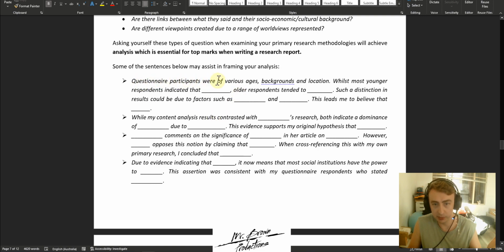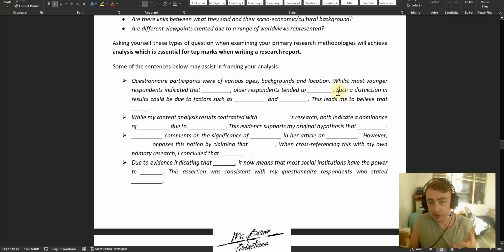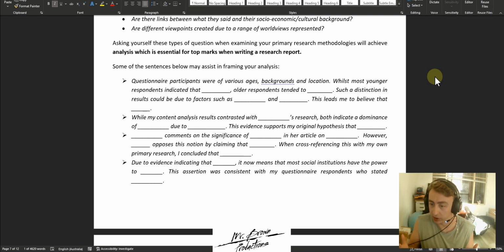So you might say, questionnaire participants were of various ages, backgrounds, and location. While most younger respondents indicated that Disney princesses they felt were experiencing equality, for example, older respondents tended to disagree because 90% of people stated no. Such a distinction in results could be due to factors such as younger respondents grew up in a period watching Disney films such as Moana and Frozen, which had more accurate and feminist representations of women, where they were depicted as strong, independent, not being reliant on men.